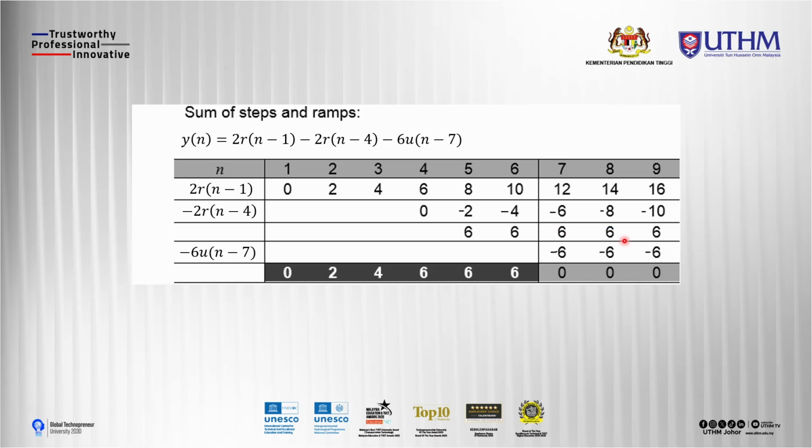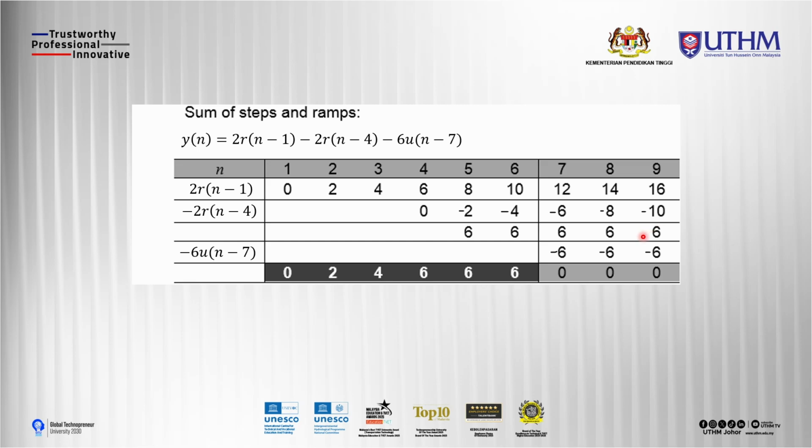Supposedly you need to get 0, 0, 0, because this is an extra column, and you must get 0 so as not to alter the original value that you want. That's why I asked you to draw the extra 3 columns at the right.